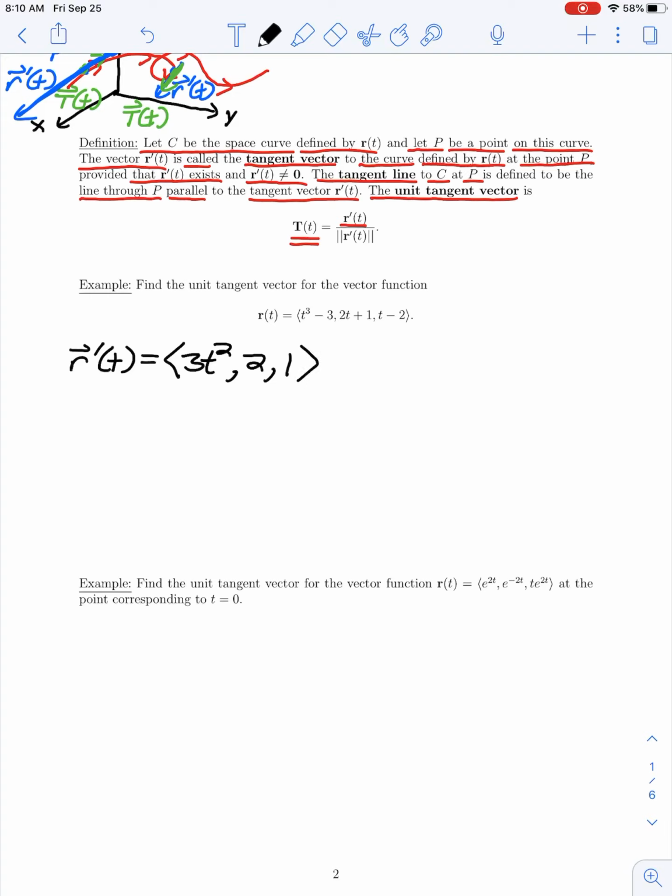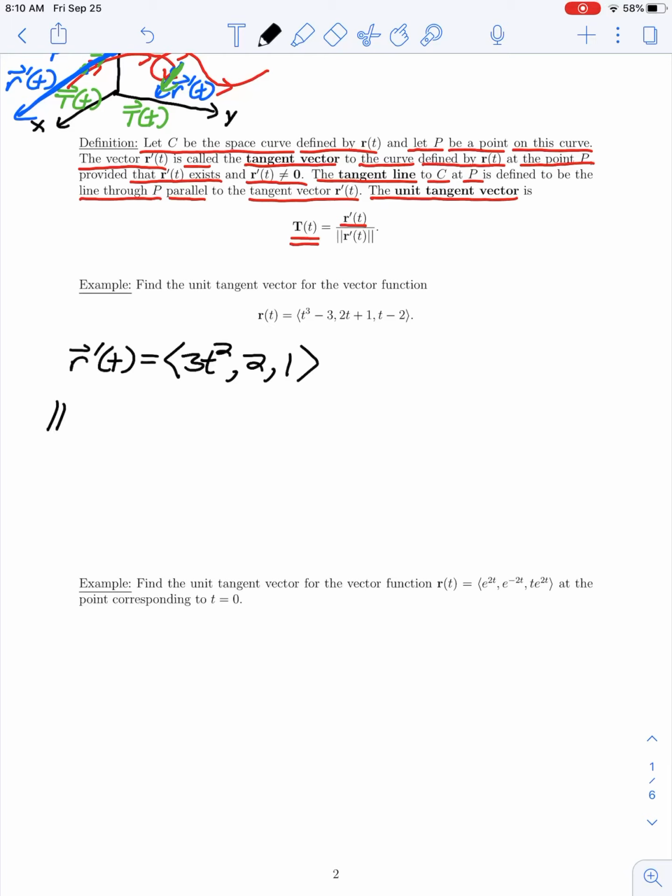So the vector which we've just found is a tangent vector to the curve, but we're asked for the unit tangent vector, which means that we need to take r prime and divide by its magnitude, or normalize this vector so that it has length 1.